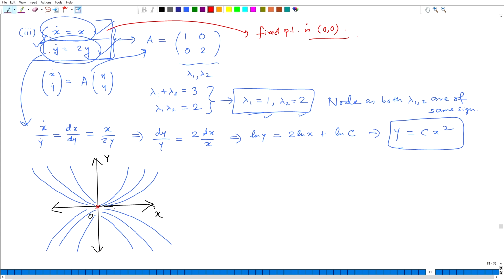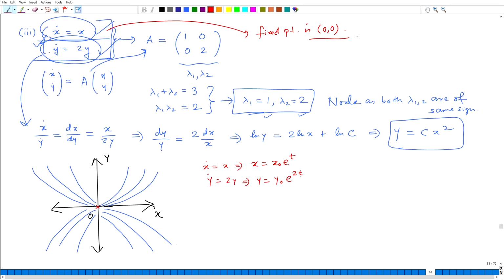And since you can now solve them, x dot is equal to x is nothing but x is equal to x 0 e to the power t, and y dot equal to 2 y is nothing but y is equal to y 0 e to the power 2 t.